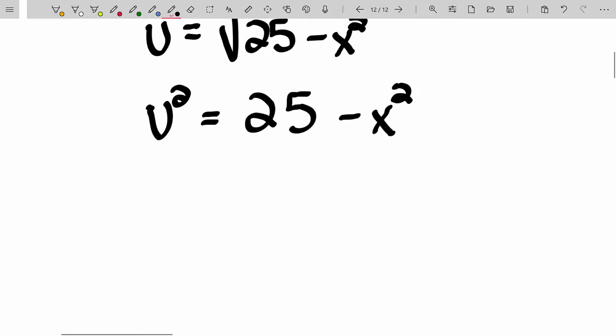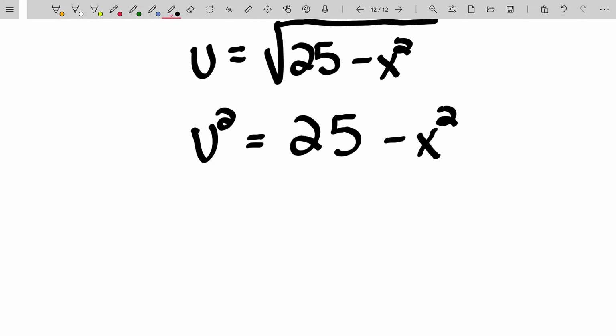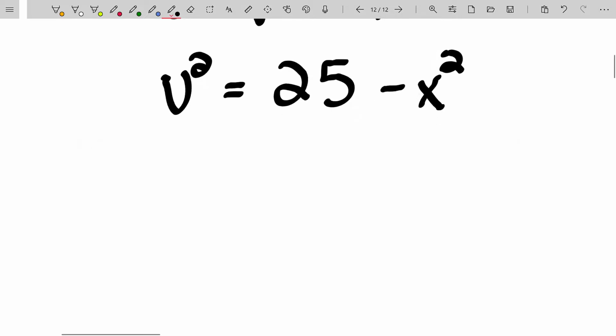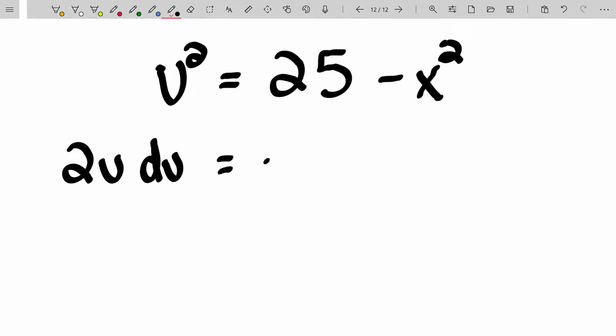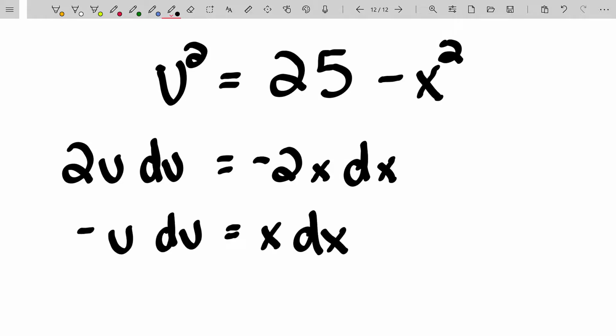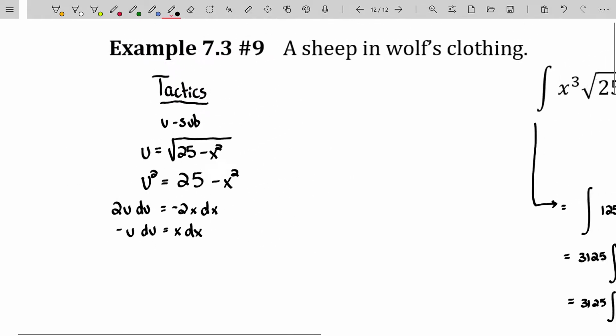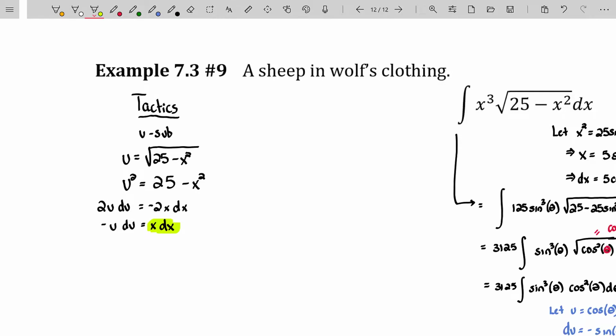The reason I do that is because I can take the differential of both sides of this statement implicitly. That is, 2u du is going to equal negative 2x dx. You can divide both sides by 2. Actually, I'm going to divide both sides by a negative as well. When you get to that point, you can see x dx will be traded out for a negative u du.